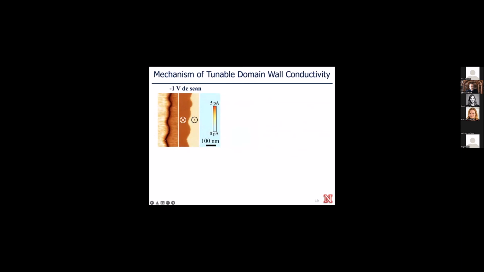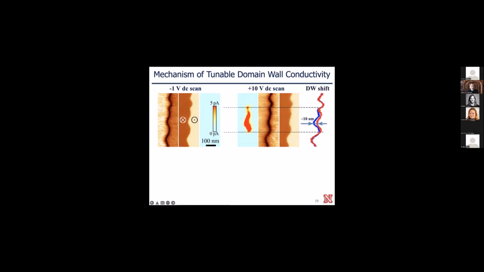The next slide gives a little bit more information on this. Again, an individual domain wall that has been created by high voltage was then scanned by a very subcoercive set bias of negative polarity. Then we can change the conductivity at the local level that I mentioned at the beginning. So we can make part of the domain wall conducting while the rest is insulating.